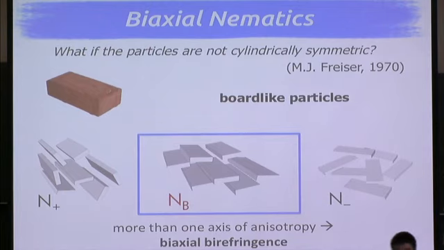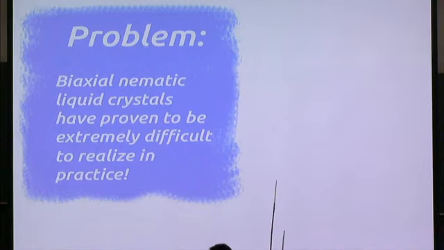So these are more or less the arguments suggested by Fraser, and actually people after him as well, in order to deduce the possible existence of this liquid crystal phase for this kind of board-like particles. Unfortunately, there is, as mentioned more than once before, a pretty important problem: biaxial nematic phases are extremely difficult to obtain in practice.